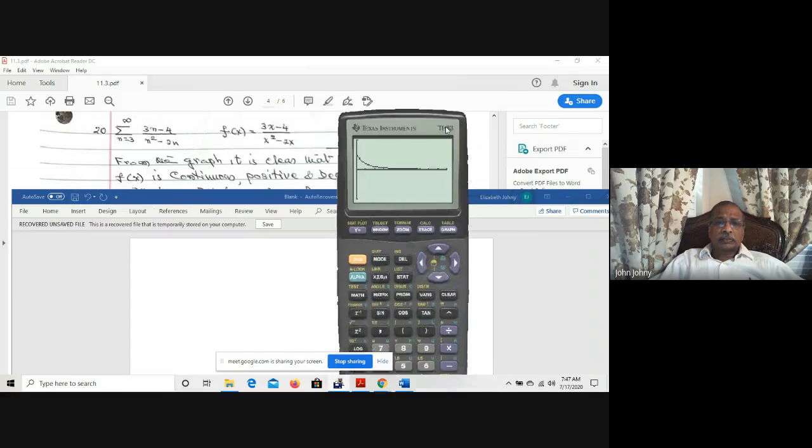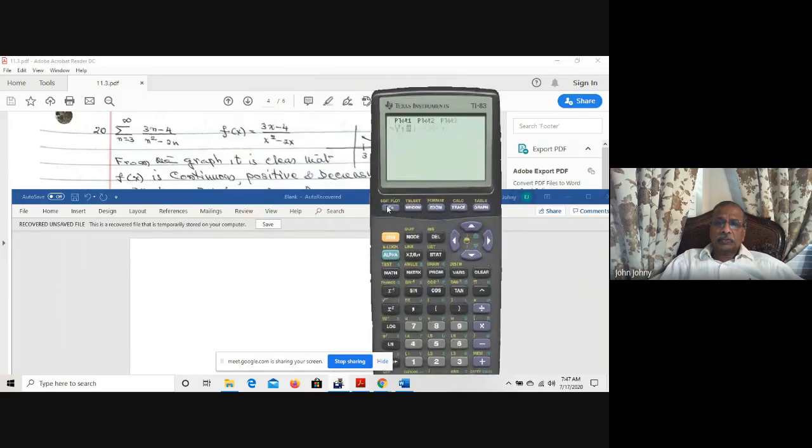y is equal to (3x minus 4) divided by (x squared minus 2x).